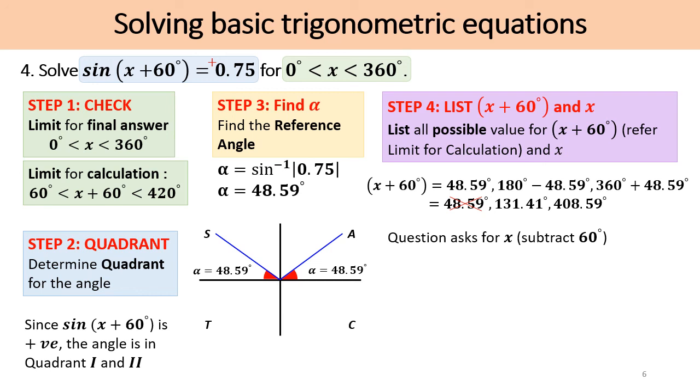The first value that I listed there, which is 48.59 degrees, should be excluded because that value is outside the limit for calculation. And then lastly, we need to find x. We just subtract 60 degrees from every possible angle, and we will have x = 71.41 degrees and 349.59 degrees.